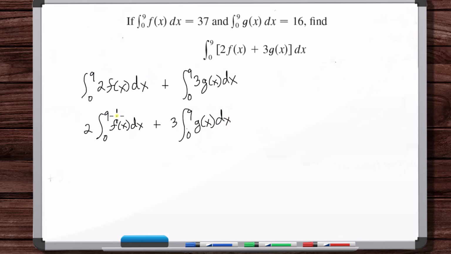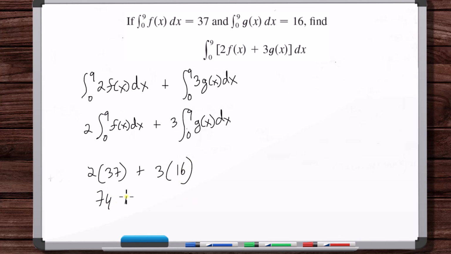Okay, now they give us these from 0 to 9. The integral of f of x dx is 37. So this is 2 times 37, and then this is 16. So this is 3 times 16.